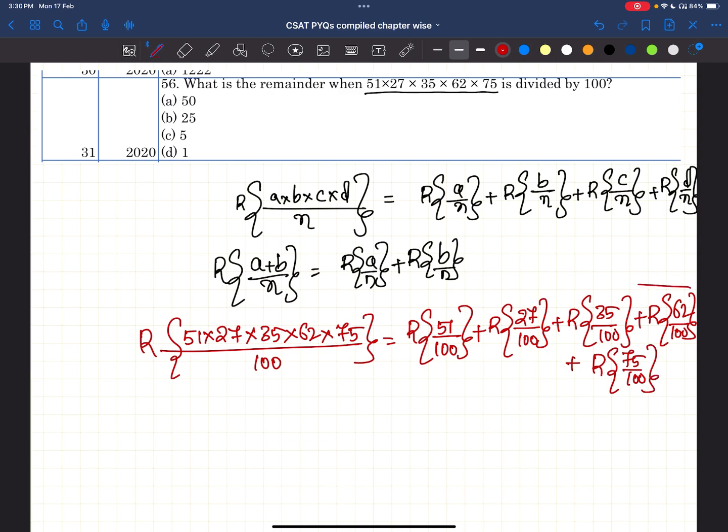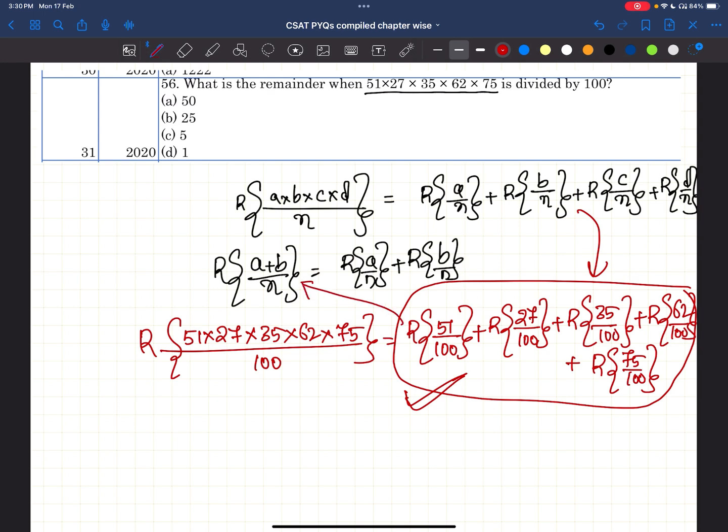See, this we have written from this formula. Now what we'll do, we'll convert this into this representation. Let this be equation number 2, right?